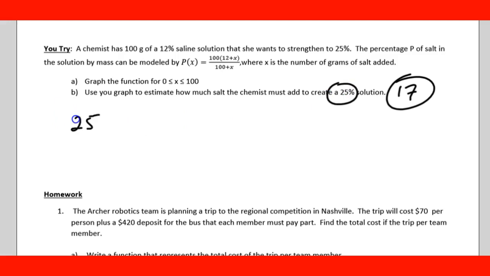So I'm going to go 25 equals 100 times (12 plus x), all over 100 plus x.